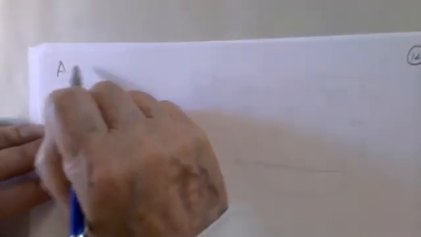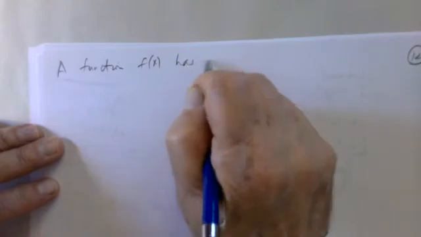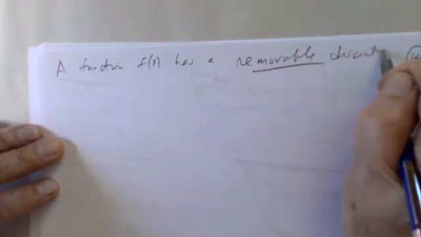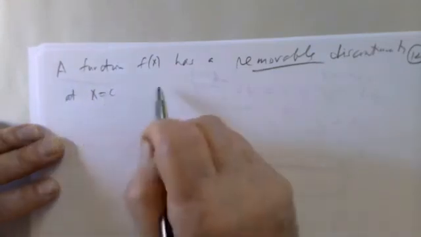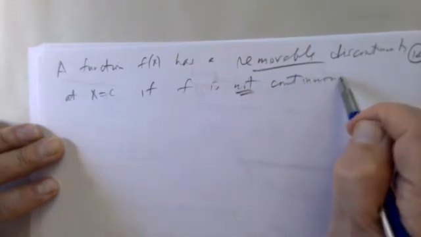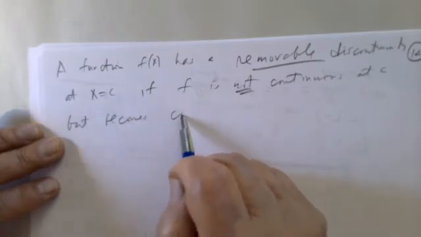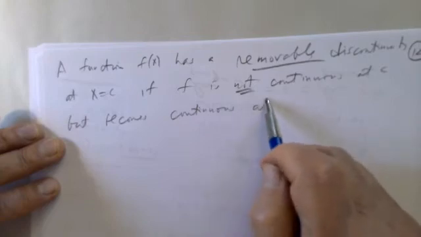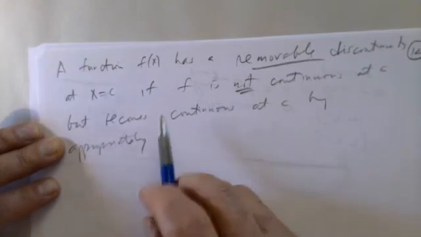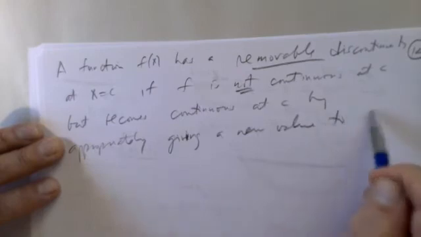So a function f of x has a removable discontinuity at x equals c if f is not continuous at c, but becomes continuous at c by appropriately giving a new value to the function at c.